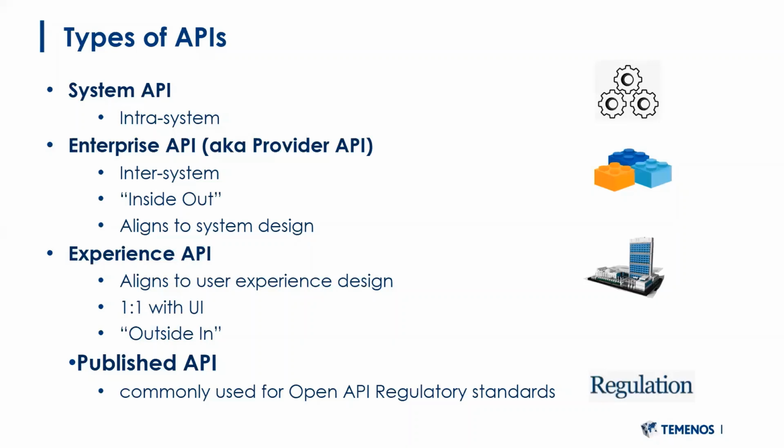Last is a published API. These are APIs that are associated with some kind of regulations. They are typically public, and it's basically imposed by a regulator, let's say, in the interest of promoting uniform standards across an industry. Open banking is a good example, or request to pay is another good example.